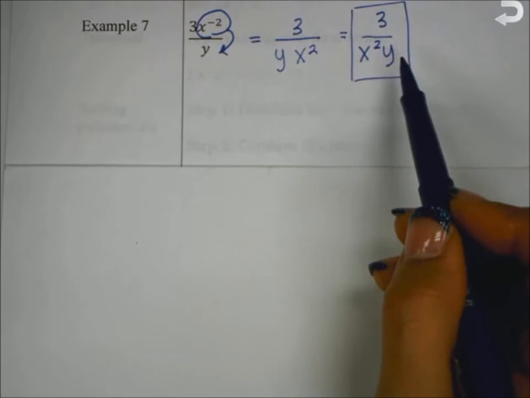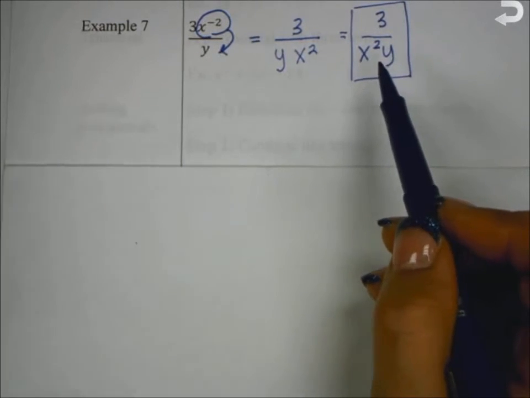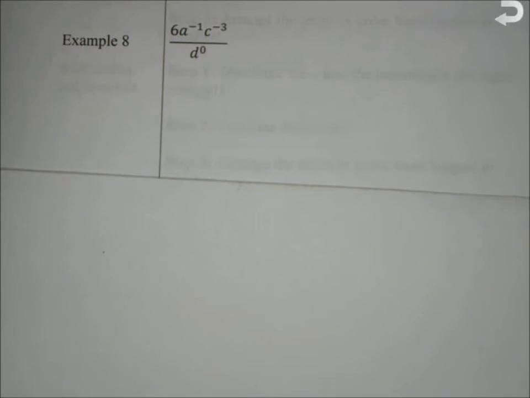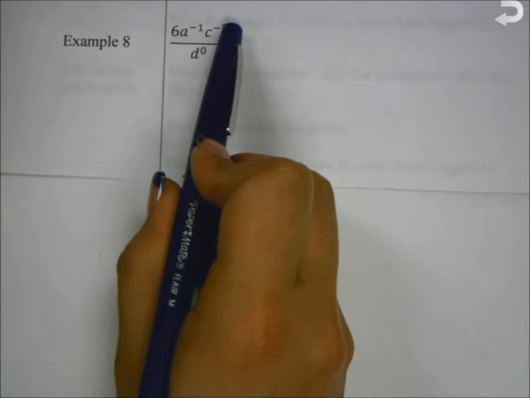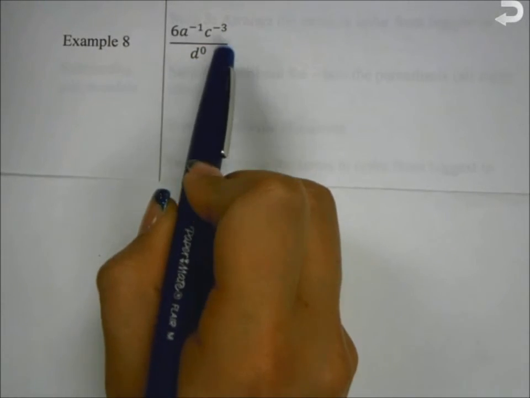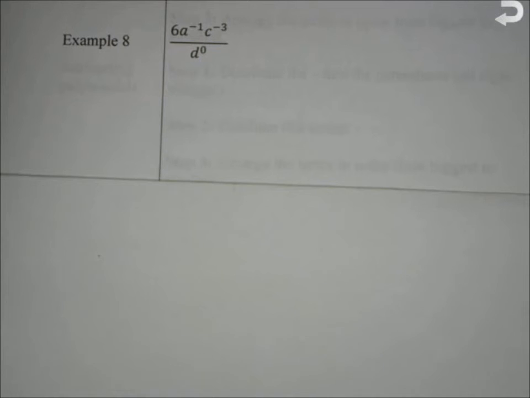Okay. 6a to the negative 1, c to the negative 3, d to the 0. All right. So what are we going to do here? First thing I would do is make all my exponents positive. So who didn't pay their rent? Who has to move?